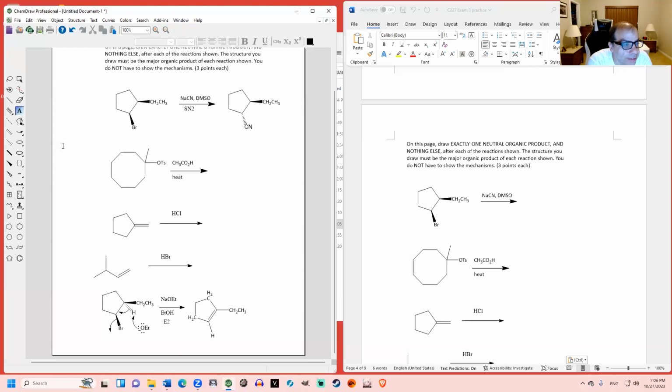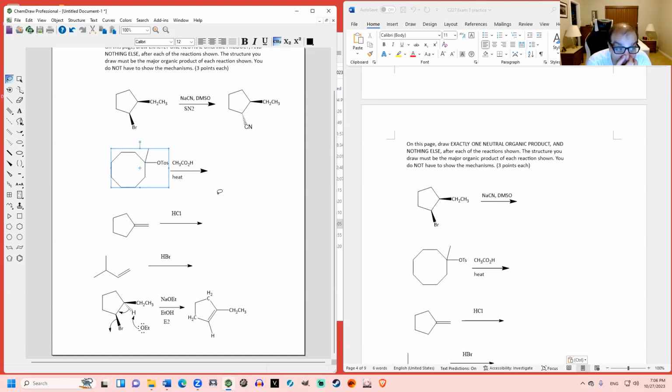All right. In the next one, we're given a tertiary substrate. That carbon is tertiary. Remember, tosylate is a really good leaving group. For you guys, I would write this as OTos because that's how it's done in your book.